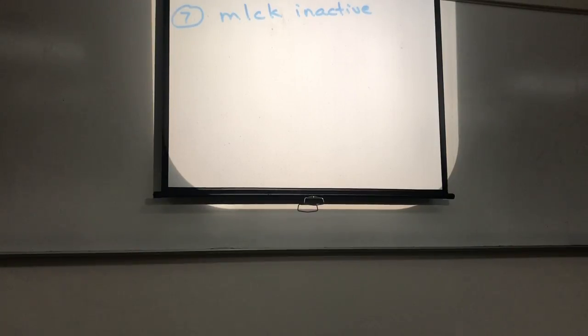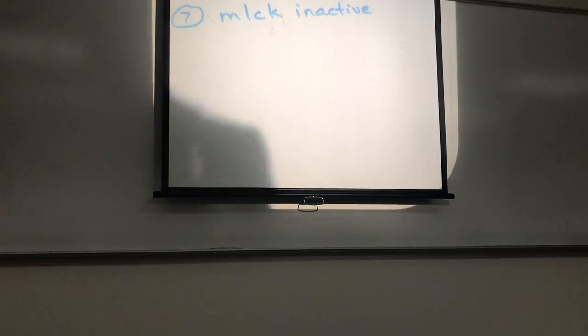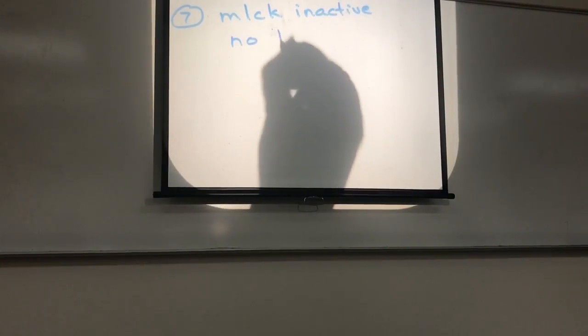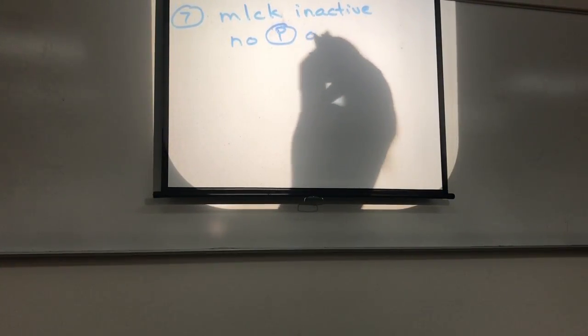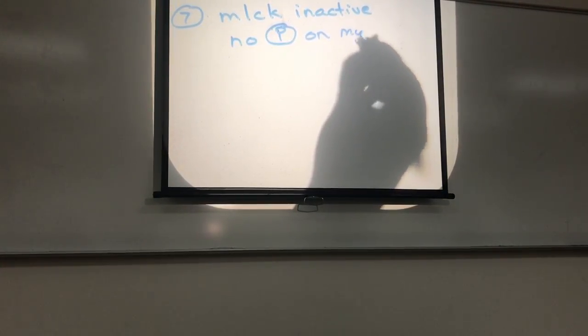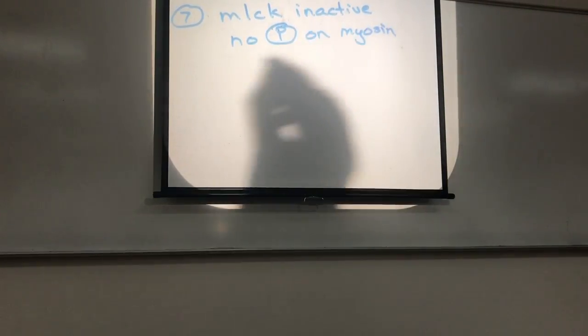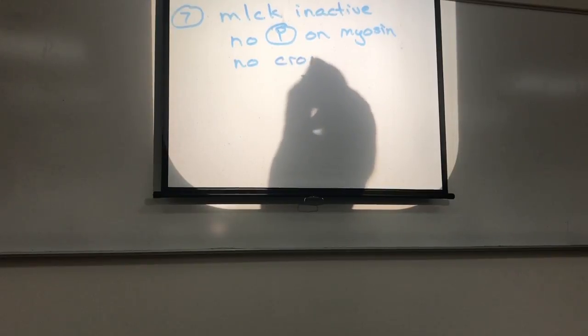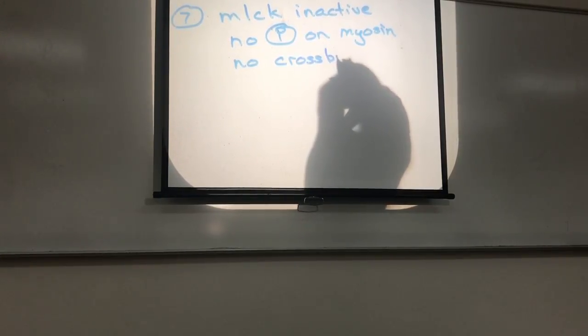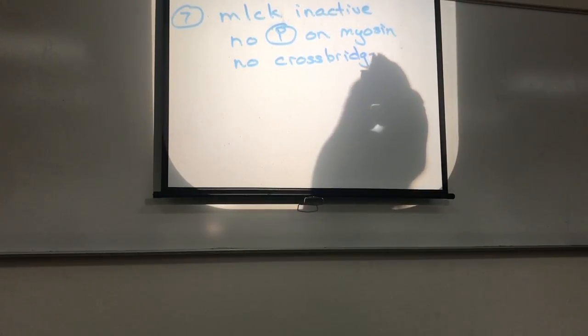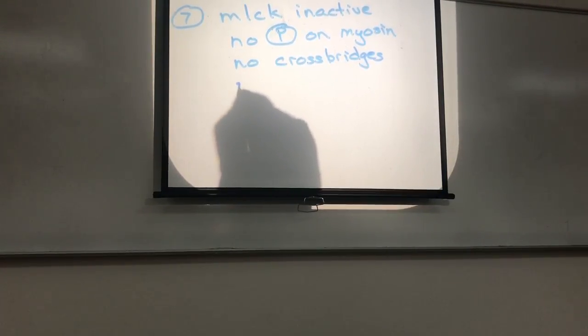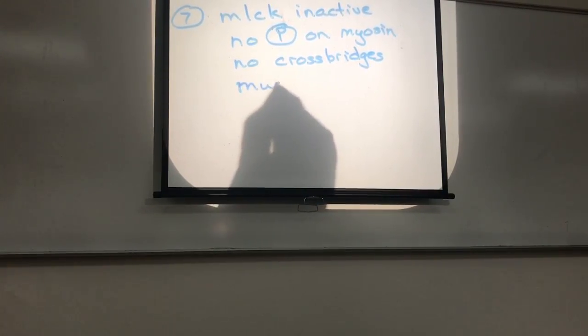So now the myosin light chain kinase becomes inactive, which means that we can't put any more phosphates onto our myosin heads. Which means we're going to get no more cross bridges, no more power strokes, and the muscle cell will now relax.